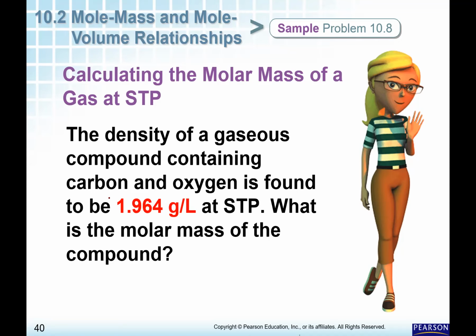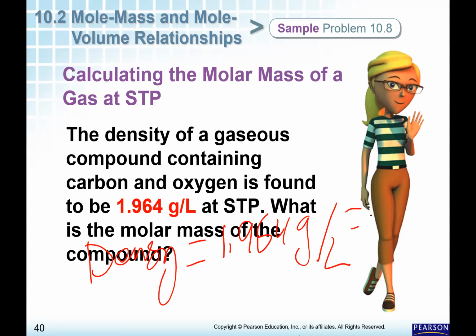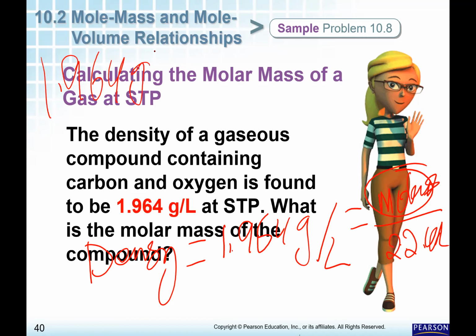So what you do is the following. This is the simplest way, regardless of how the book is putting it. It's the same thing. We say the density is equal to 1.964 grams per liter, and that is equal to the molar mass that I'm looking for, divided by 22.4 liters, right? So the molar mass is equal to 1.964 grams per liter times 22.4 liters.